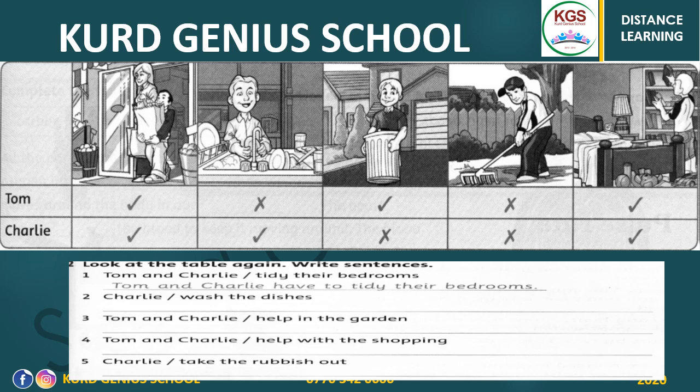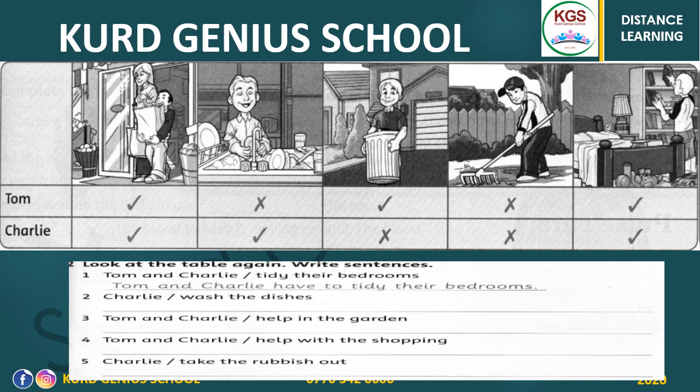So Tom and Charlie don't have to help in the garden. That's based on the picture. Number 4, Tom and Charlie have to help with the shopping, right? They both shop and they help with the shopping.